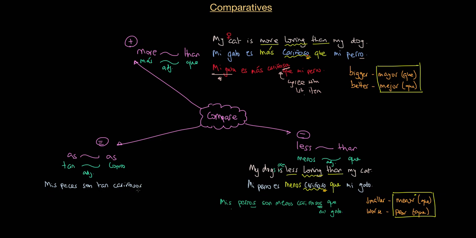Notice how I'm using the plural because I'm talking about more than 1 fish. I'm using the tan, then the adjective and the como.